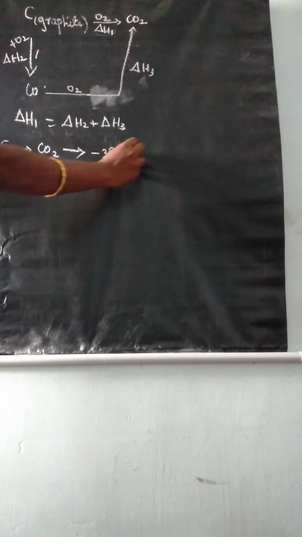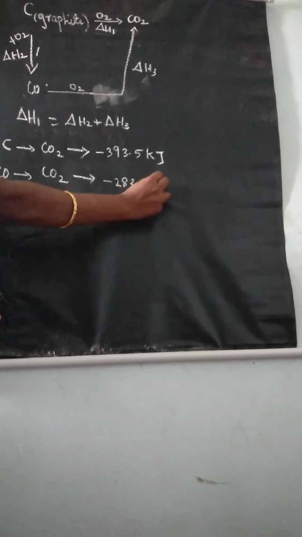Here, this value is already given: the value for carbon to carbon dioxide is minus 393.5 kilojoule. In the same way, the value for carbon monoxide to carbon dioxide is minus 283.5 kilojoule.